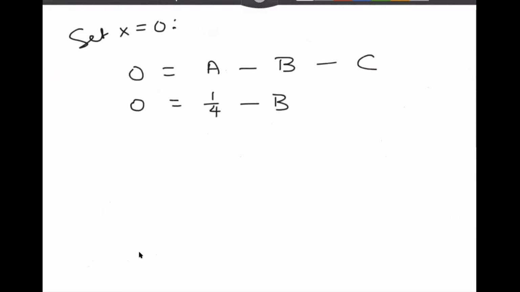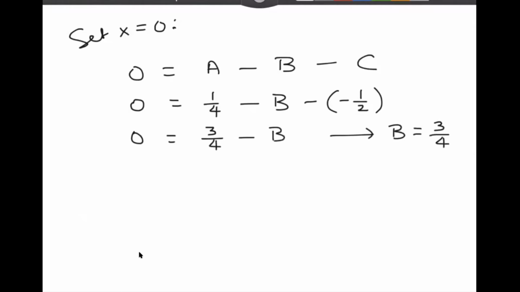We know C is -1/2, right? All right, so that means that 0 is equal to 3/4 minus B, which means B is 3/4. All right, we have all of our mystery coefficients.